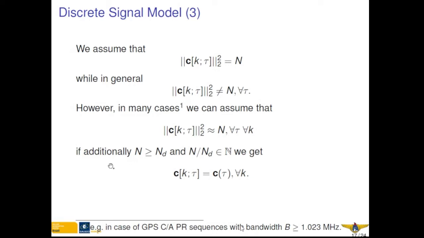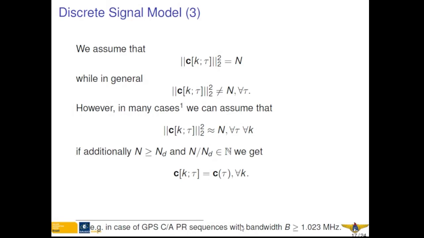We usually have more samples than chips, and if we also have an integer number of samples per sequence, then the sequence is not changing anymore over time.